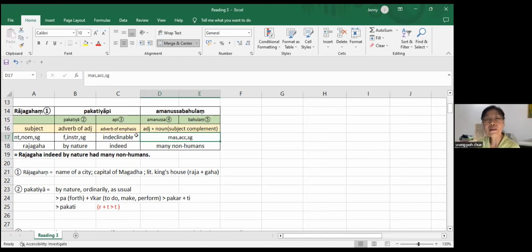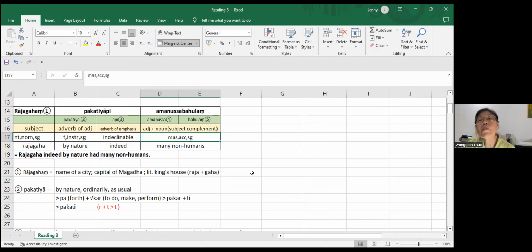Raja Gaha indeed by nature had many non-humans. There's no verb here, but in the translation we put had. I think the verb is optional here, but for translation we put in the word had many non-humans.